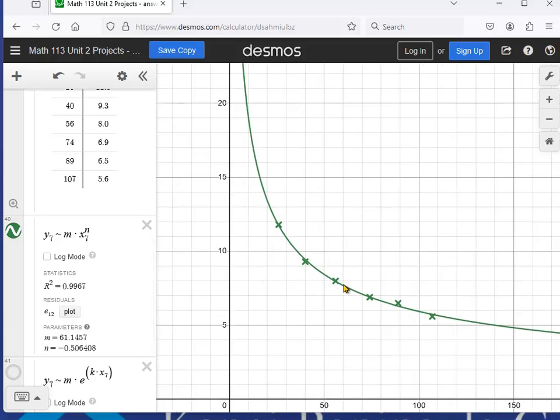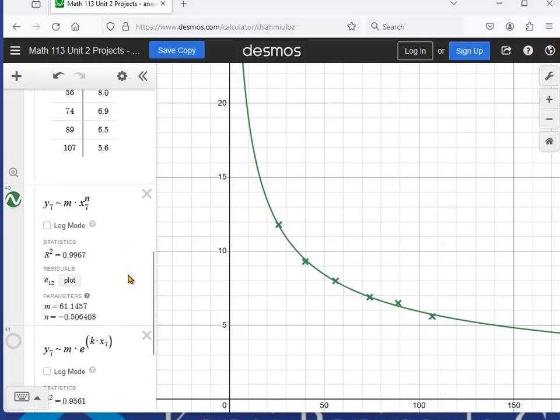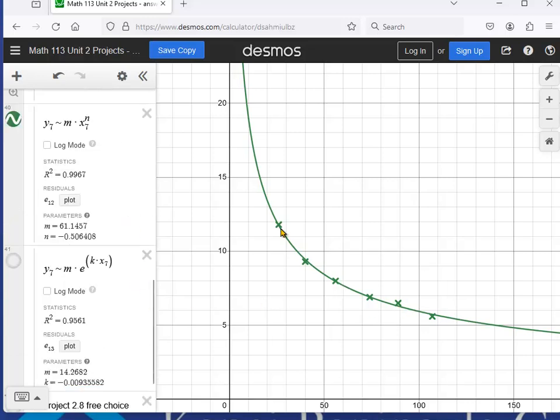And I put it in here, again, a physics example that is nearly perfect. Notice that it's not exactly perfect, and that is because in this applet that I had you use, I actually had to make real measurements, and they were not perfectly accurate. So you see a couple or three that are slightly off.